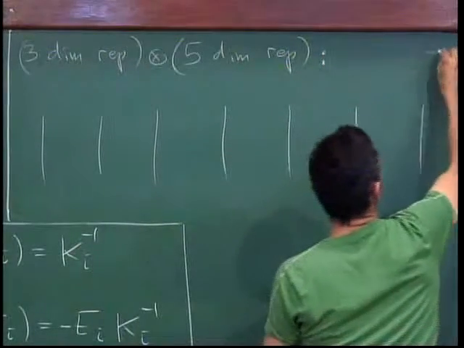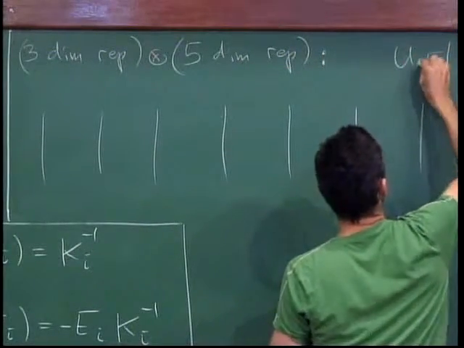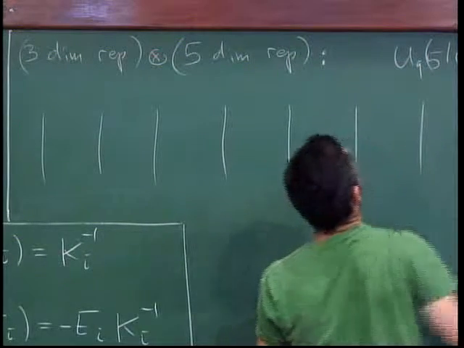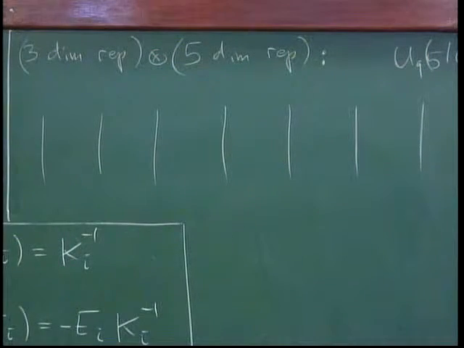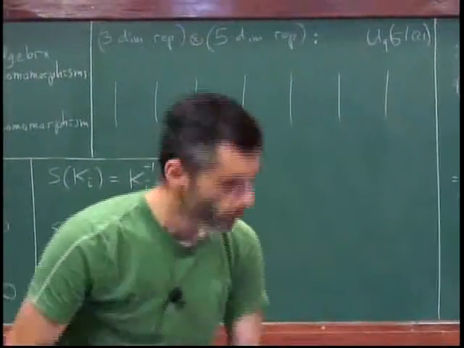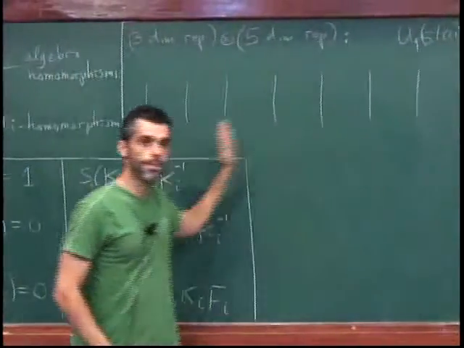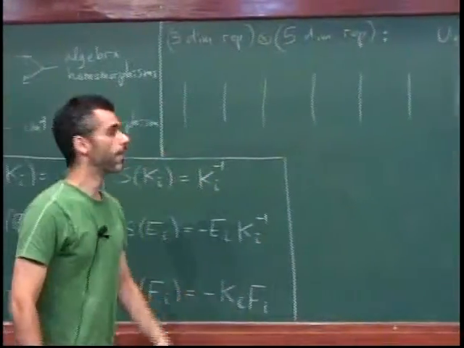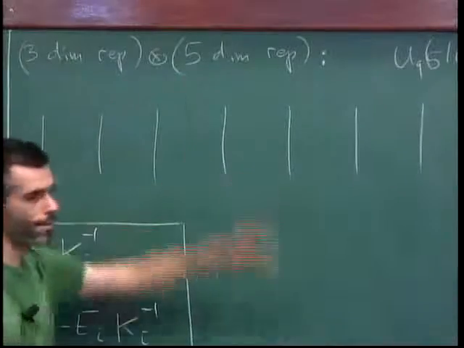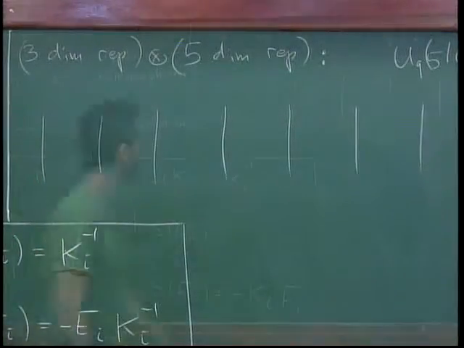So this is SL2, sorry, U_q SL2. This axis here is the weight. And if I take the product of the 3-dimensional and the 5-dimensional representation, I get something 15-dimensional.